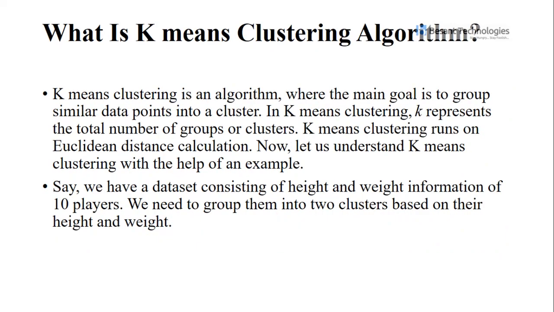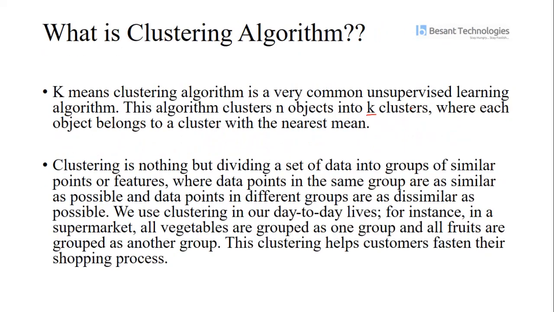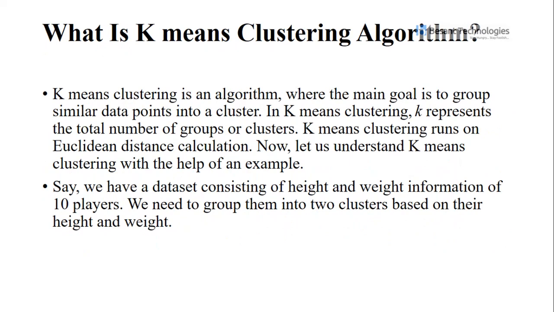Now we will see some examples for our k-means algorithm. Every day we have vegetables. We need to cluster the vegetables into similar groups, and put the fruits within similar groups. This clustering helps customers speed up their shopping process.